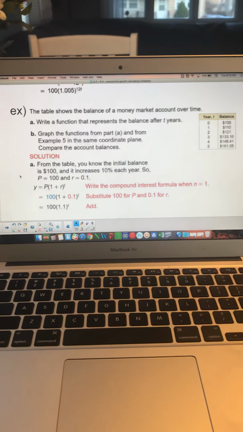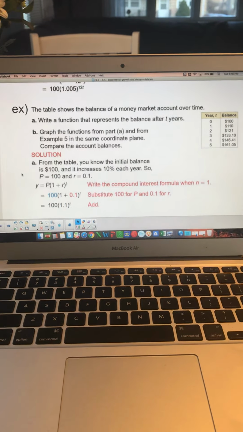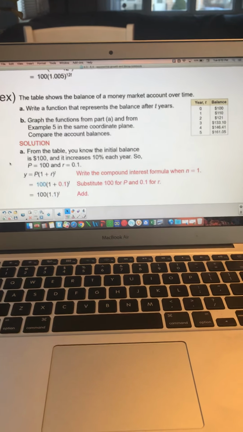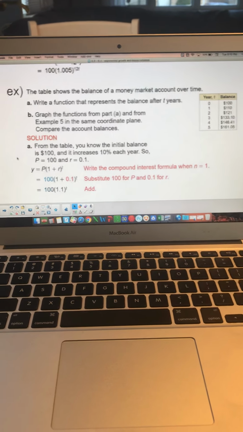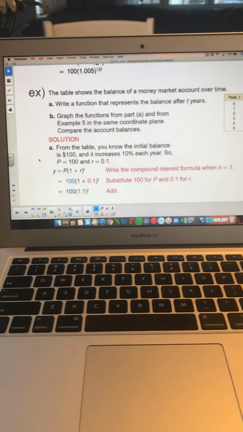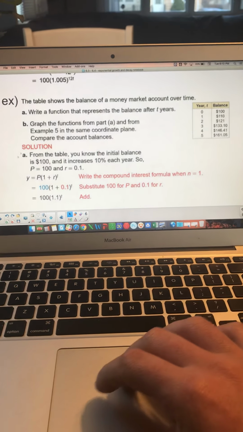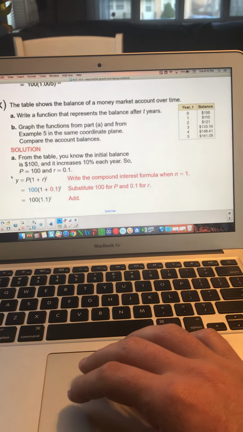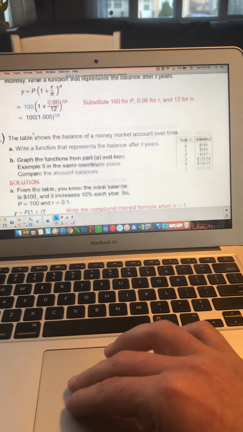All right, so this one, not necessarily a compound interest, but this one is exponential, what was that, Dunford? Yes, exponential growth. Multiplication going on here. All right. Now, we're going to graph the function from part A and from example 5.